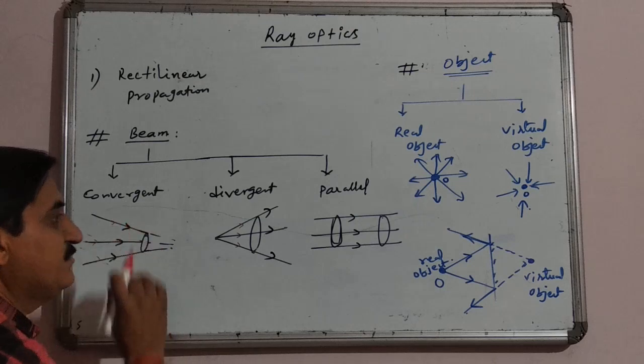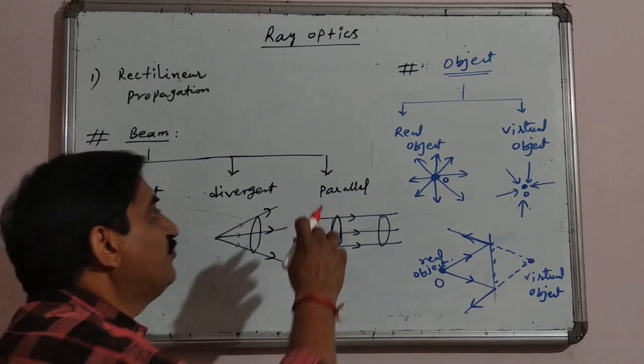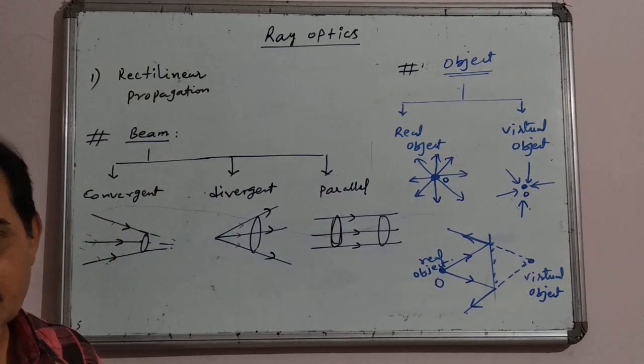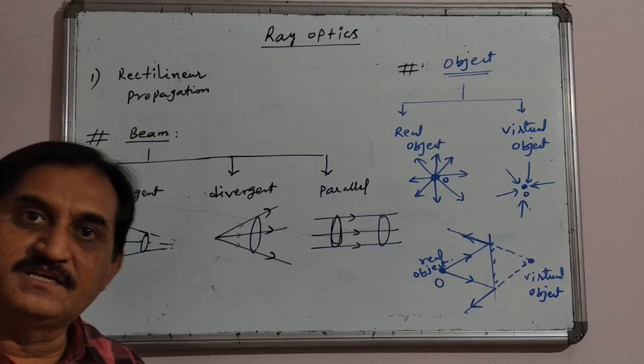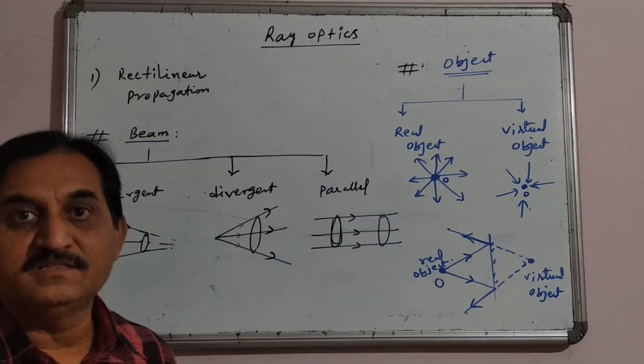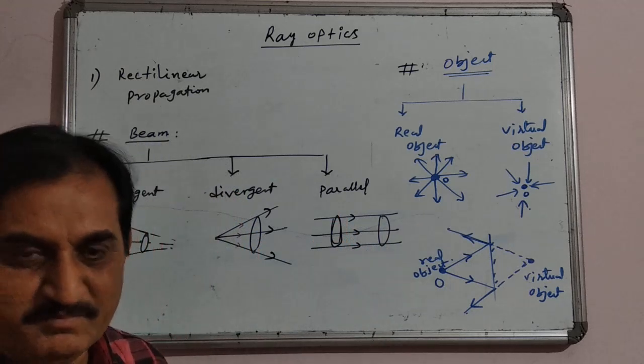Therefore, it is a convergent beam, and this is a divergent beam. And in the parallel beam, the diameter of the beam neither increases nor decreases in the direction of incident light.